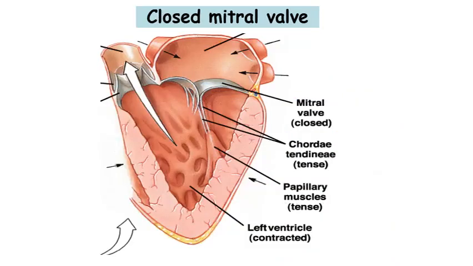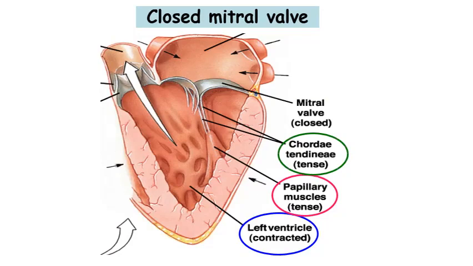However, when the left ventricle contracts, the papillary muscles become tense, the chordae tendineae become tense as well, and this causes the mitral valve to close. So the blood flows from the left ventricle towards the aorta.